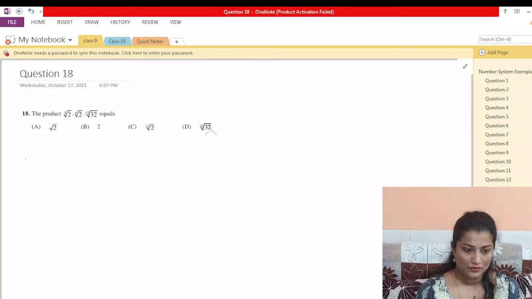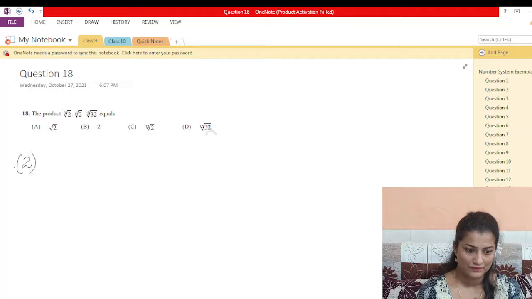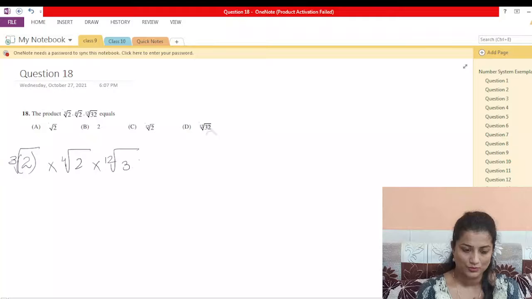Right? So first we write the question: the cube root of 2 into the fourth root of 2 into the 12th root of 32.